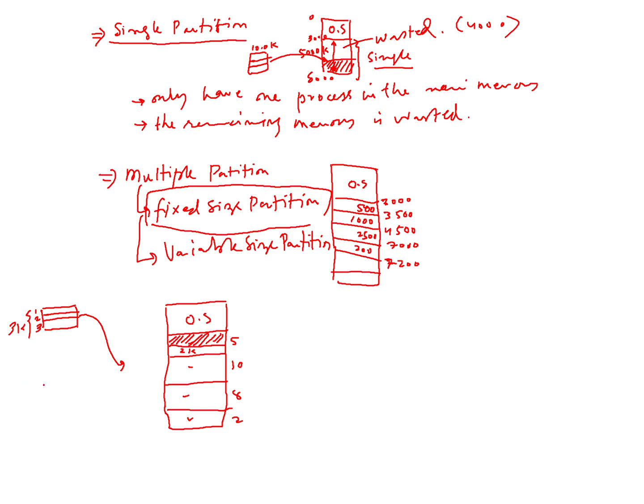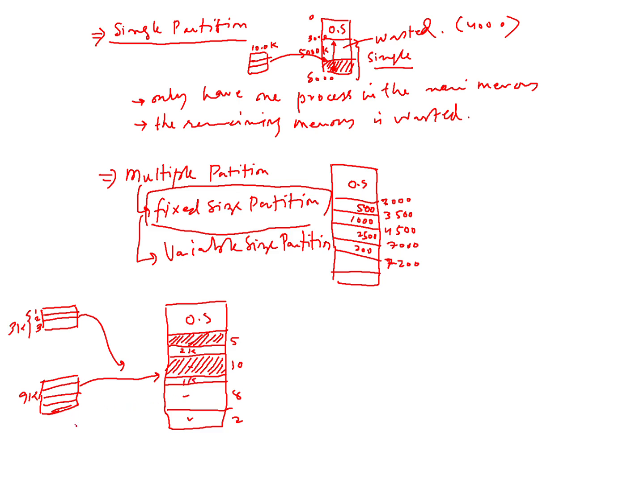Now suppose another process has arrived, and it is maybe 9k, right? Then this will be allocated here, and from 10k we have utilized 9k, but still 1k is remaining here.